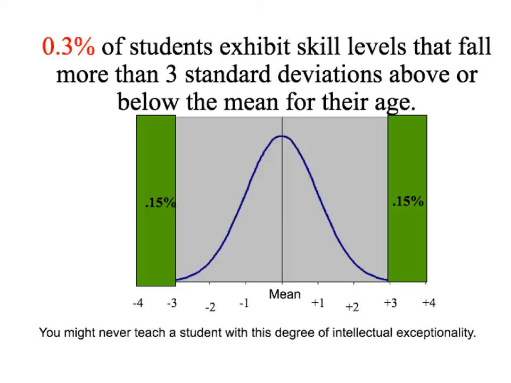So now when we're talking kids who are within 4 standard deviations of the mean, we're looking at students who are so exceptionally advanced or so intellectually challenged that you might not ever teach a student who has this degree of intellectual exceptionality.